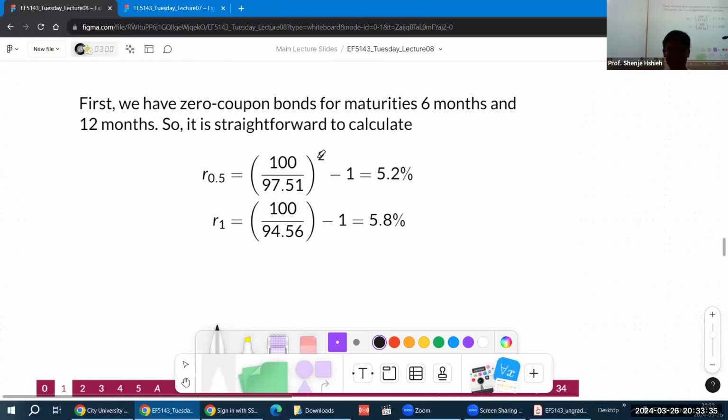And I think there's a typo here. No, that's right. It's 0.5. Sorry, that's correct. Okay, so that is very easy to back out, R0.5 and R1, right?